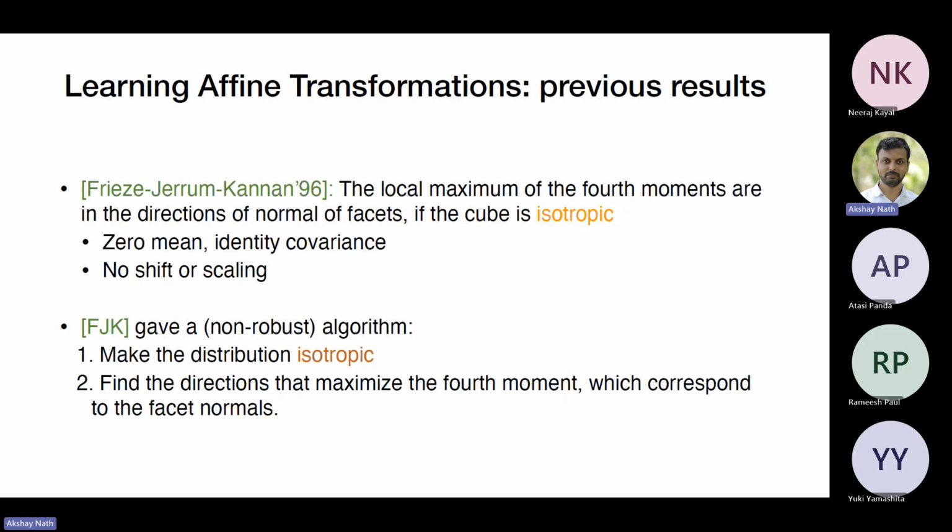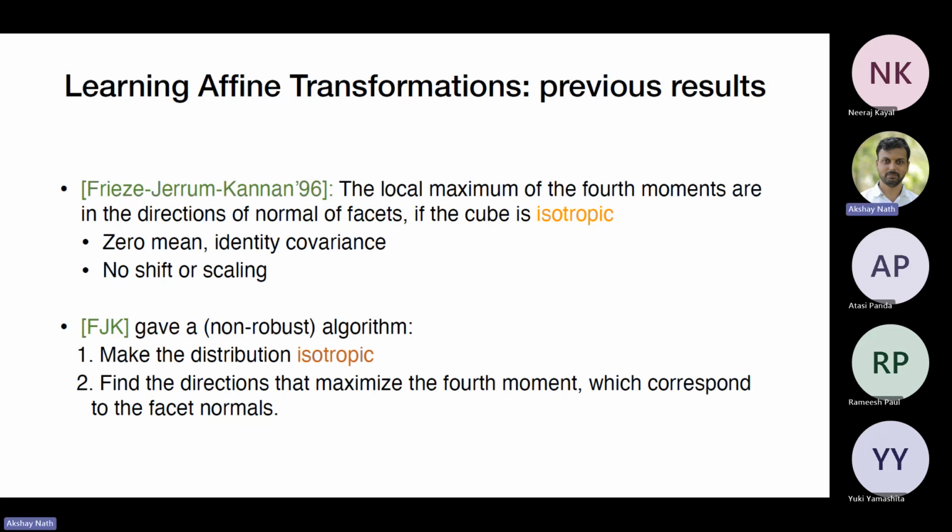For example, for the cube, there are 2 special kinds of directions. One is the facet normals, where the fourth moment is maximum. And maybe also the diagonal directions that point to vertices, where it will be minimal. At least in this setting, if you look at the form, it looks like a sum of v_i tensor v_i tensor v_i tensor v_i, with the v_i as a basis.